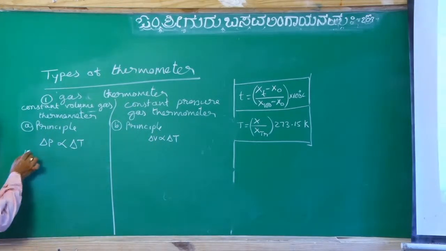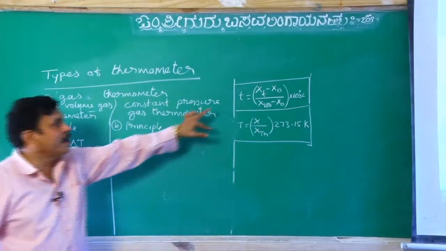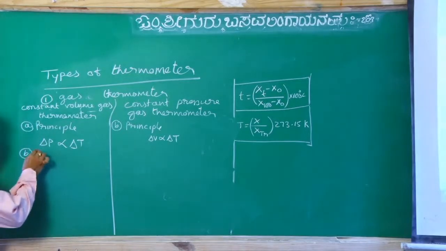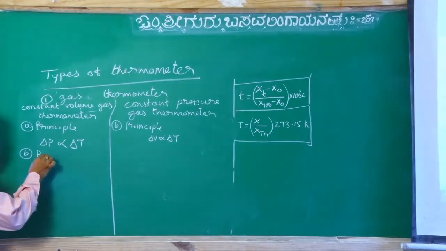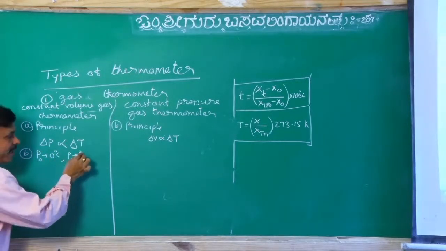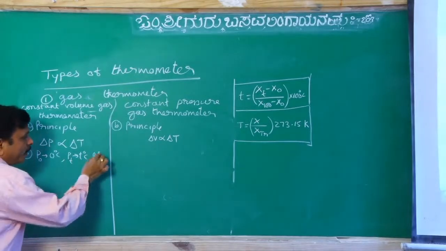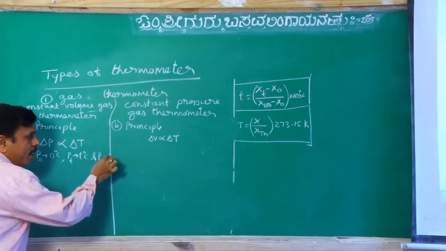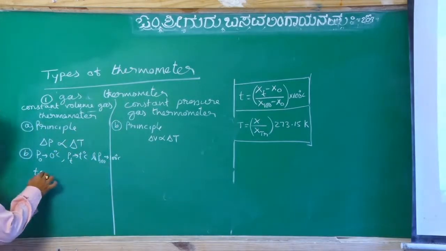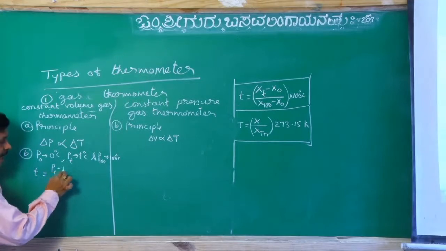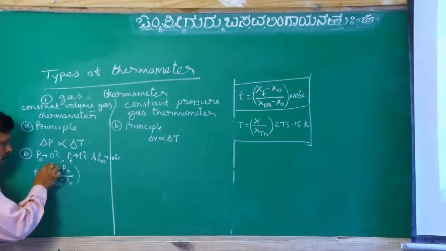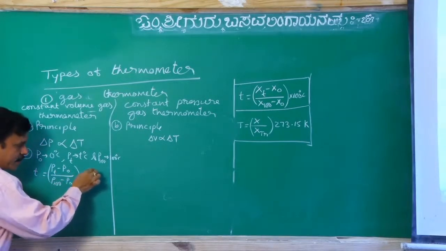Now, here, part B. To measure the temperature, we have this relation. Here pressure is the variable. Let us say P naught is the pressure at 0 degrees Celsius, Pt is the pressure at T degrees Celsius, and P100 is the pressure at 100 degrees Celsius. Then the formula can be written as T equals Pt minus P naught divided by P100 minus P naught, into 100 degrees Celsius.